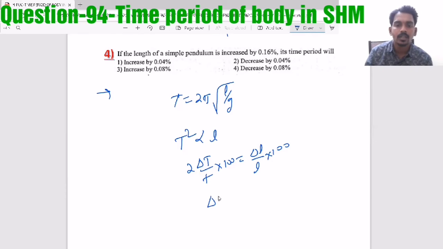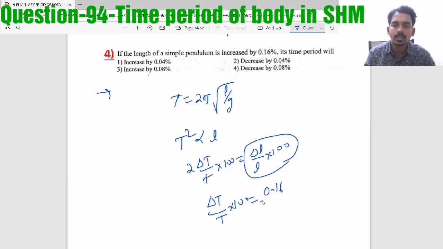As T is proportional to root L, time period also increases. So either option 1 or option 3. Then delta T by T into 100 equal to delta L by L into 100 is 0.16 by 2. So it will become 0.08. So it increases by 0.08 percent.